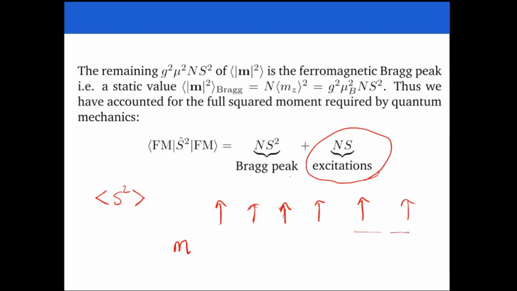Then on each site we'd get a value of S squared, and what you find is that the total moment per site can be split into 2 parts. This is due to the static or the average part, and this is due to the excitations.